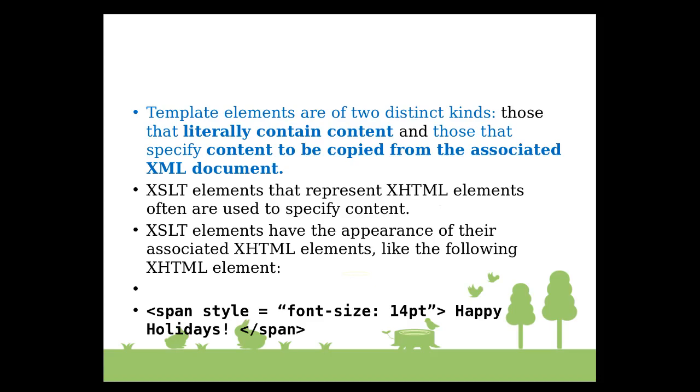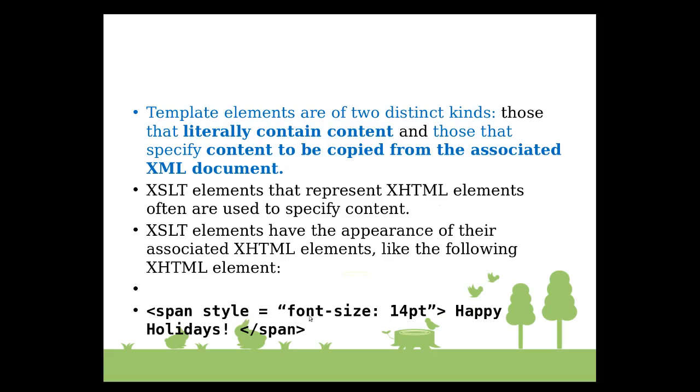So XSLT elements that represent XHTML elements are often used to specify the content. XSLT elements have the appearance of the associated XHTML elements, like the following XHTML element. They have content that must be copied from that particular XML document. An example is given here, span. It is very much similar to the XHTML element, but it is part of the XSLT style sheet.